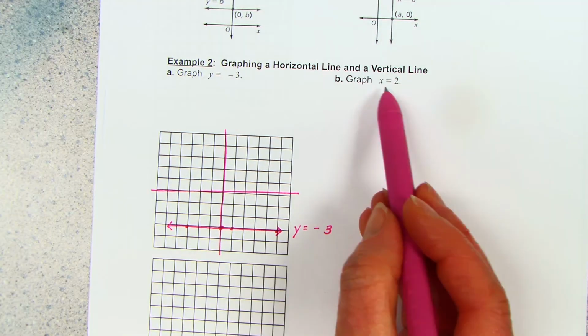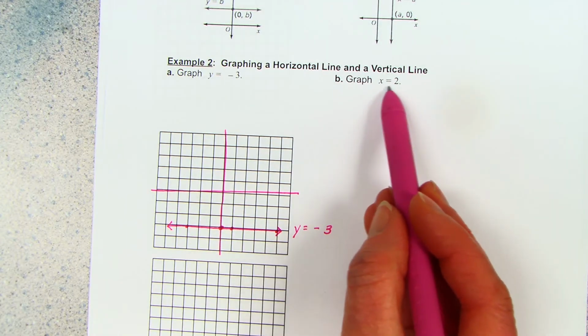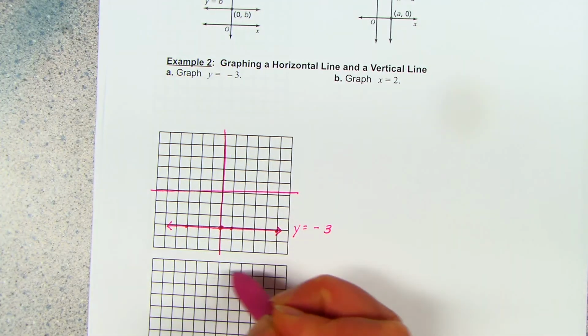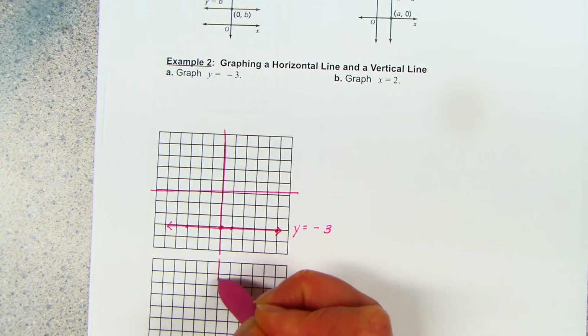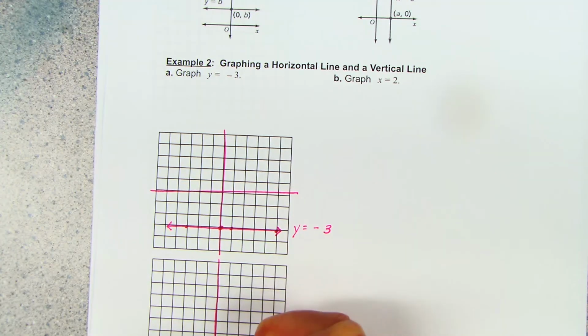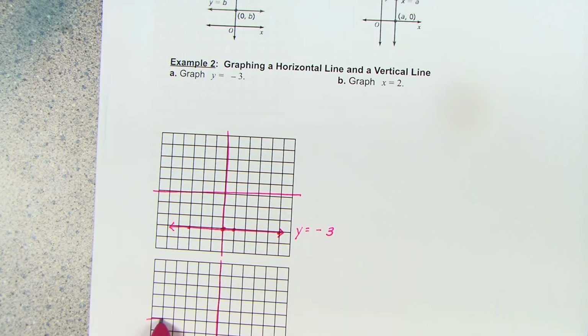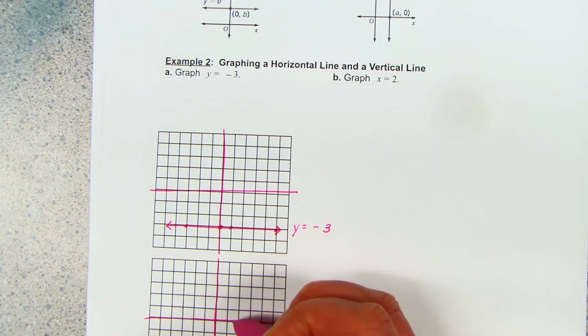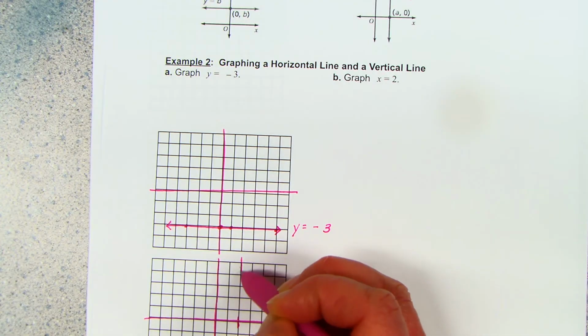Right? Same thing. So now we know this must be a vertical line where x is equal to 2. If all the x's are equal to 2, that's this way, right? x is 2, y could be anything.